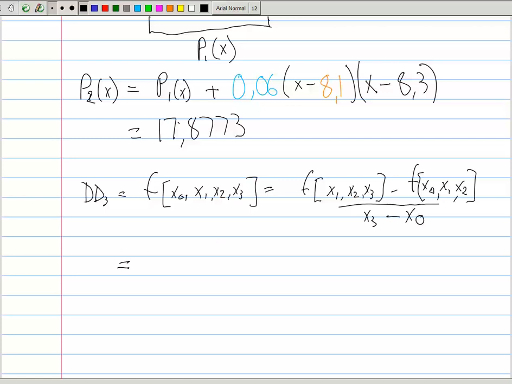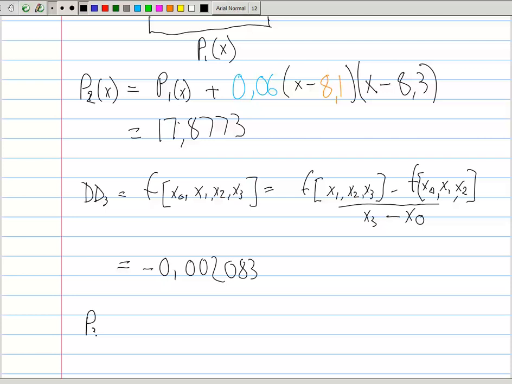And when we fill that all in, we should land up getting minus 0.002083.